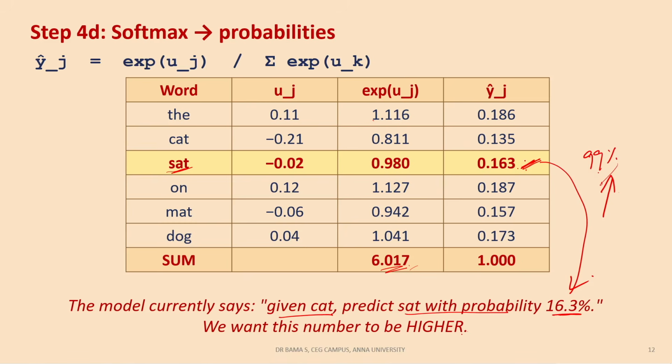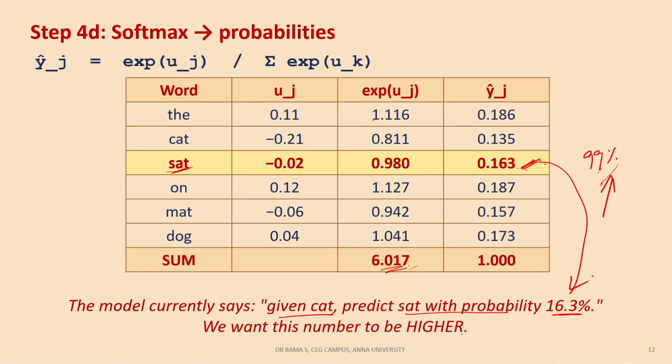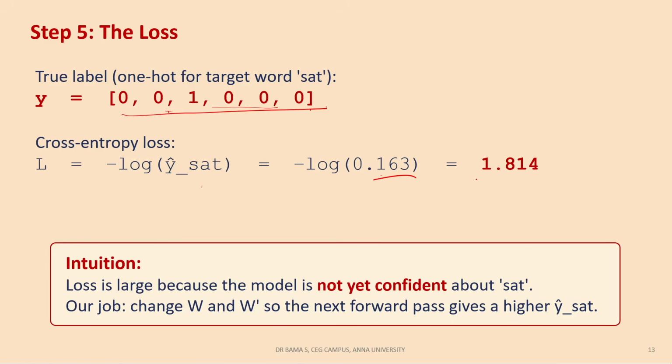Before that comes the loss, and how the loss is calculated, because we know at this point for SAT the target is going to be 0, 0, 1, 0. This is the target value for SAT. The cross entropy is minus logarithm of 0.163. Where did we get 0.163? It is the output of the softmax. We get the loss as 1.814.